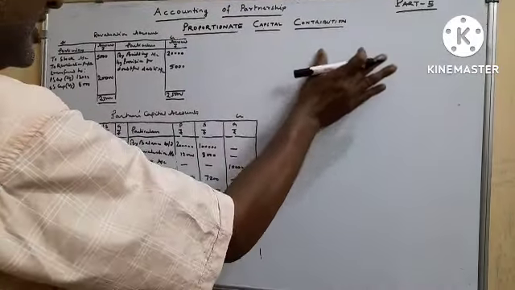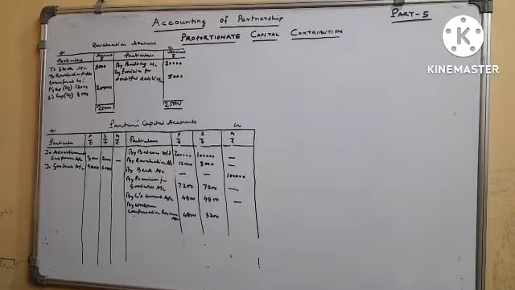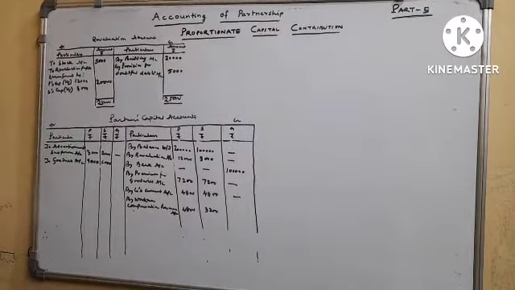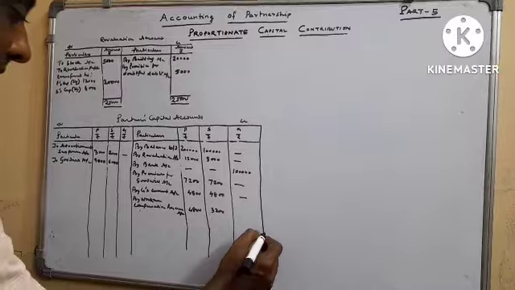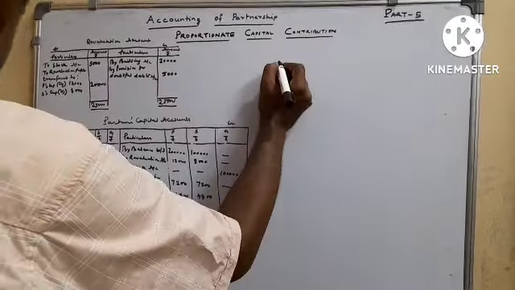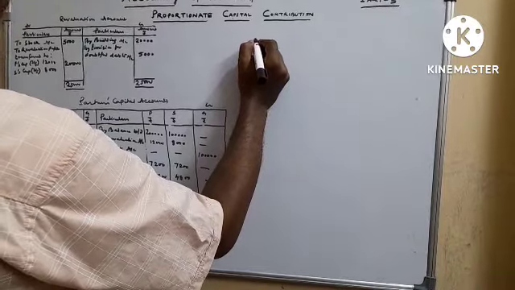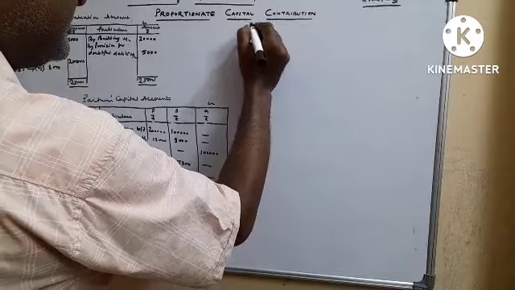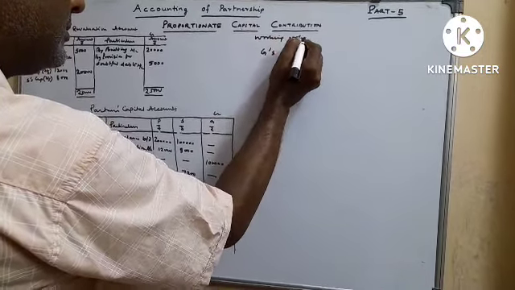Now we have to find out proportionate capital. What is proportionate capital? Capital according to new profit sharing ratio, taking base new partners capital. Now capital of new partner is how much? Working notes.